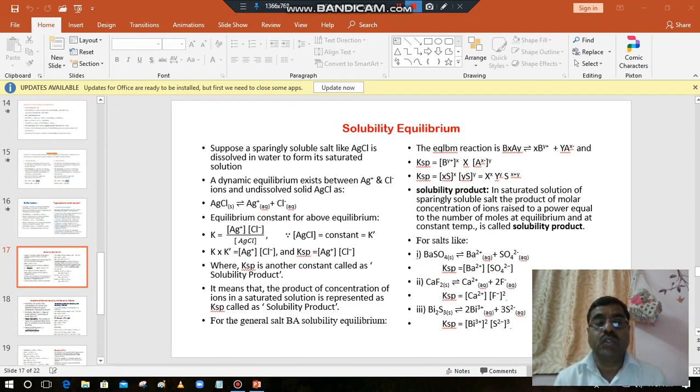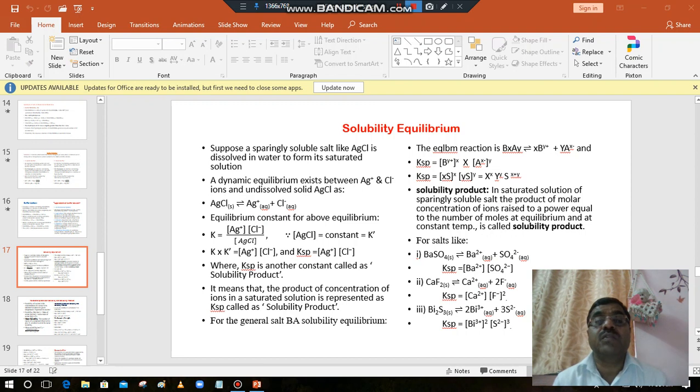After the dissolution of a substance in water, it gives ions, that is cations and anions, and some of the substance remains undissociated in the sparingly soluble salts, and there is an existence of equilibrium between the ions and the undissolved salt, that is called solubility equilibrium.